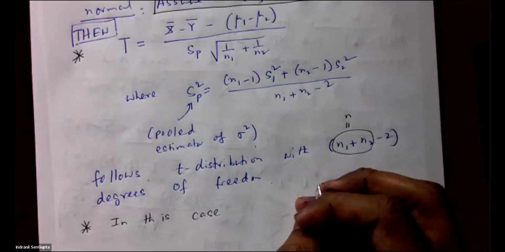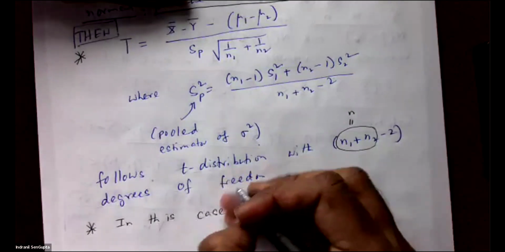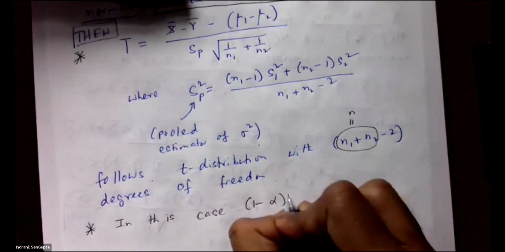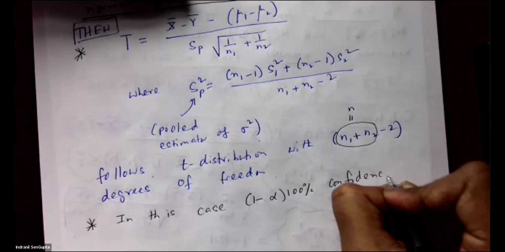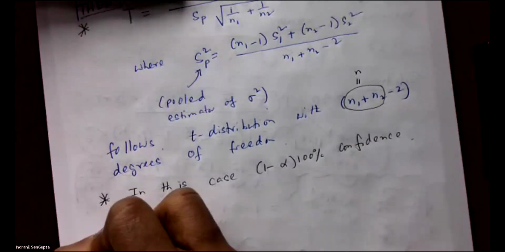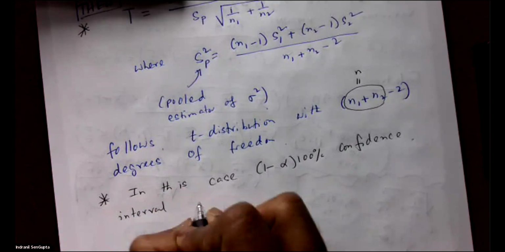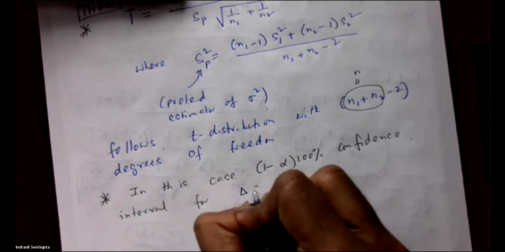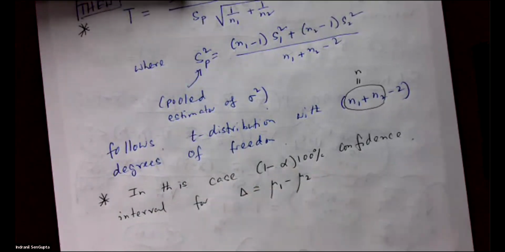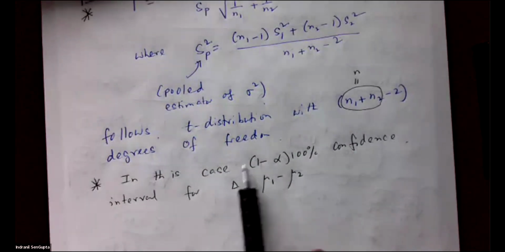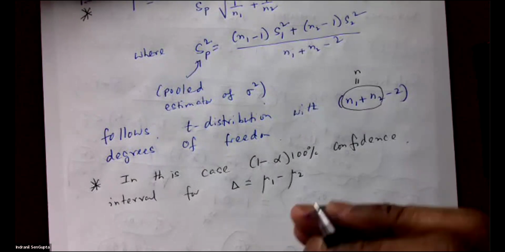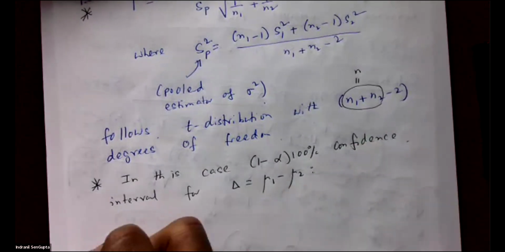In this case, the 1 minus alpha 100% confidence interval for the value of delta, which is the difference between two means. What is the difference between this and the previous example? The previous one was approximate. Now we want to find the exact. So this is given by the following.